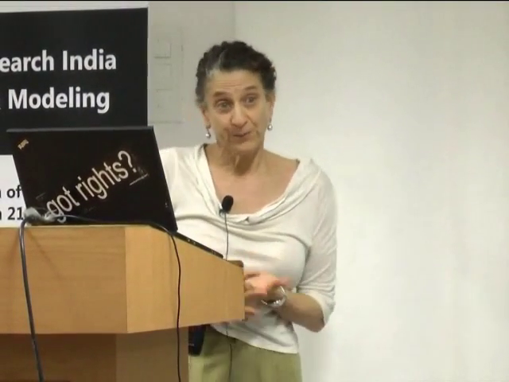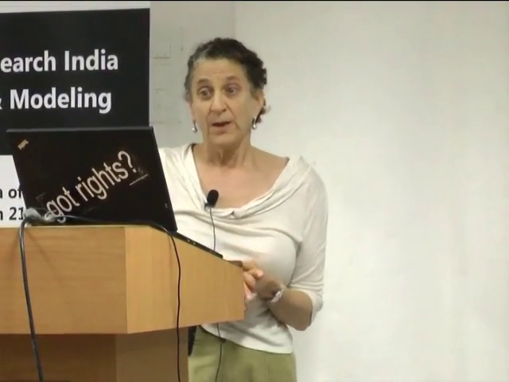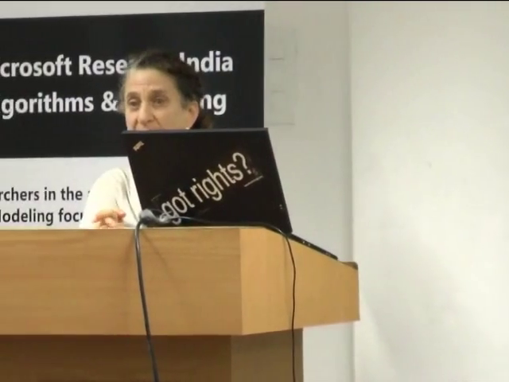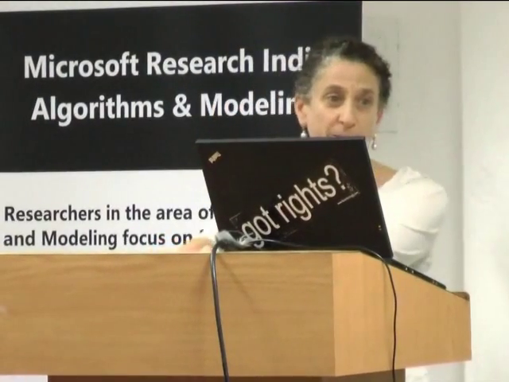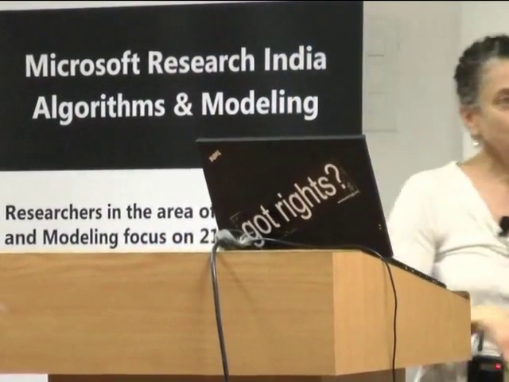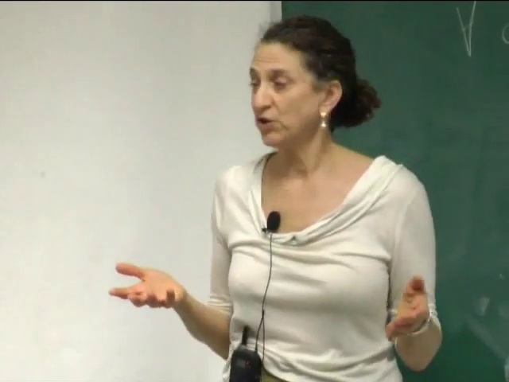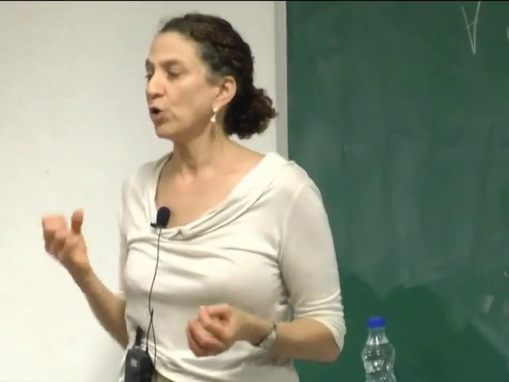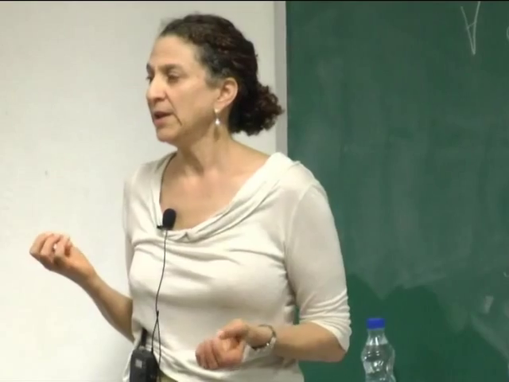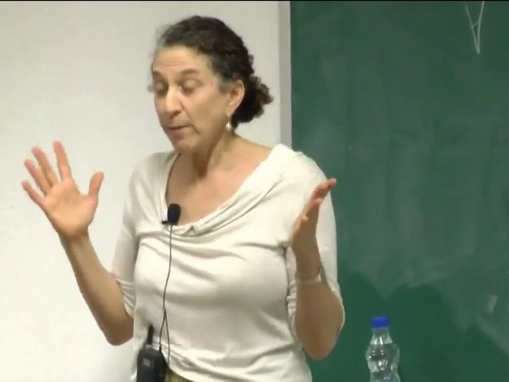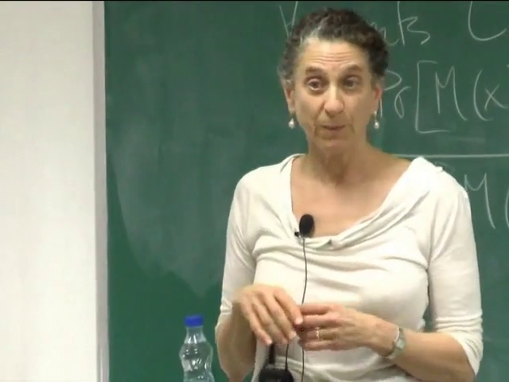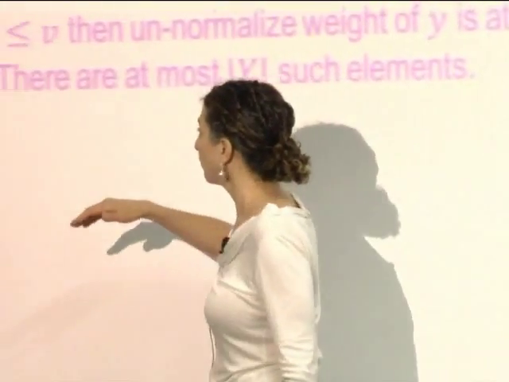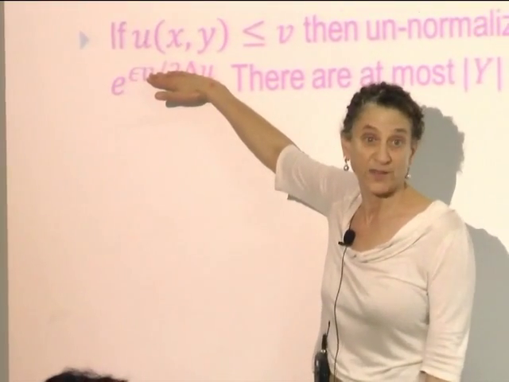For the numerator, suppose the utility of y is bounded by v. U of x, y is at most v. Then we know that before normalization, the unnormalized weight of y will be at most e to the epsilon v divided by 2 times delta u. Because remember, we assigned a probability that was proportional to how good something is.